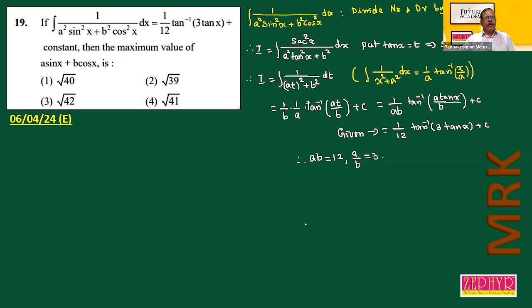You have to find out the maximum and minimum of A sin x plus B cos x. So you have to find out two numbers such that their product AB is equal to 12 and A by B is equal to 3. What are the numbers you find out?